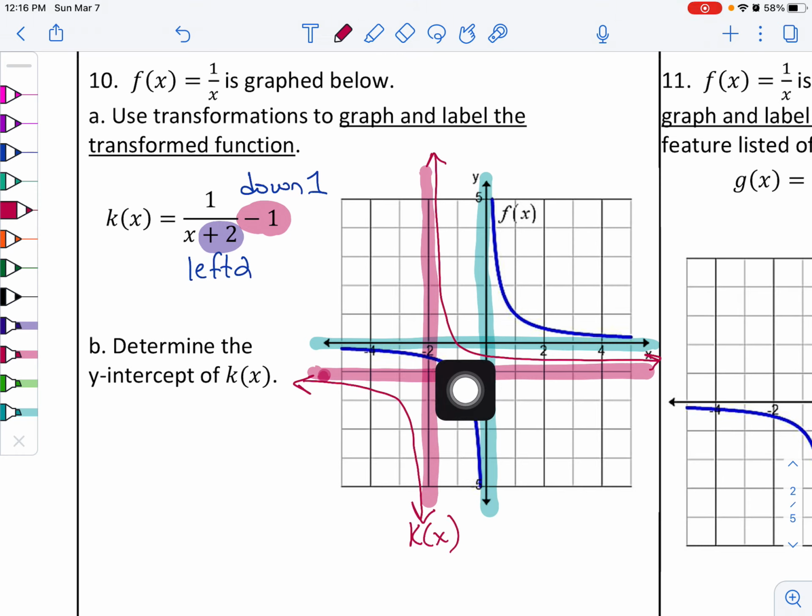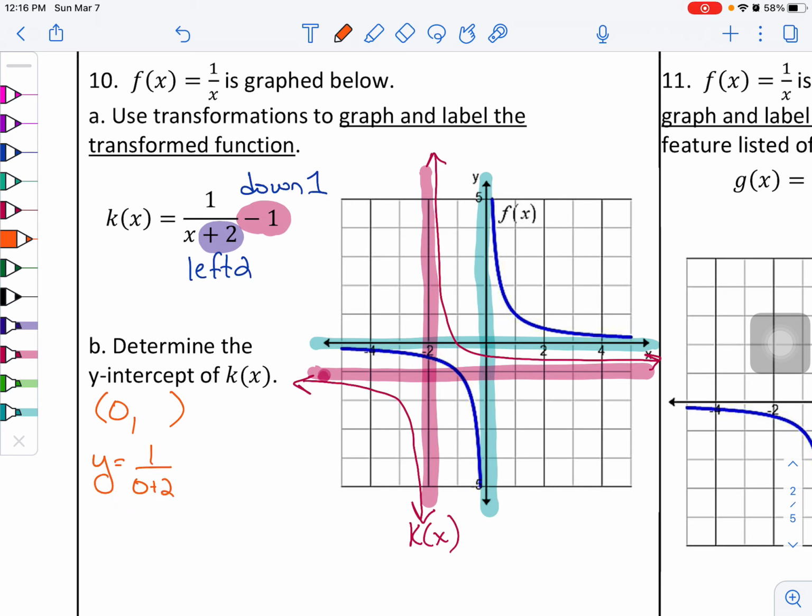Now, Part B says to determine the y-intercept. I clearly see that this curve crosses the y-axis. I kind of have a guess that it might be at negative 0.5, but I don't really want to guess with it. So I'm going to mathematically figure out that intercept.